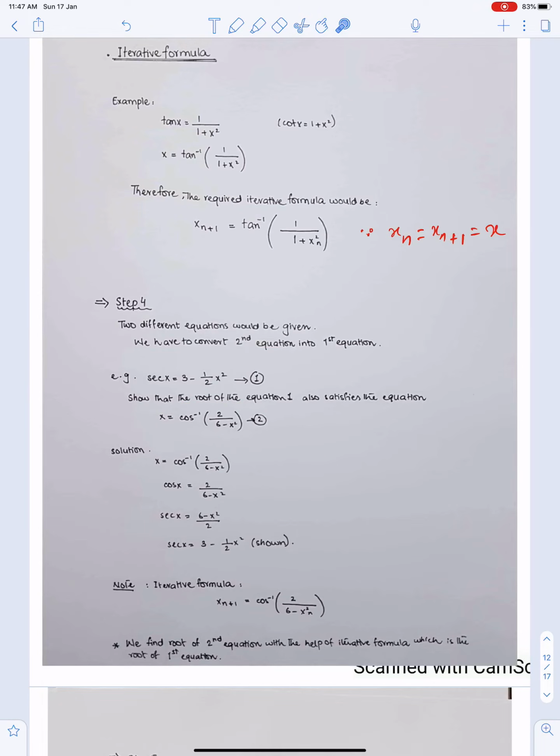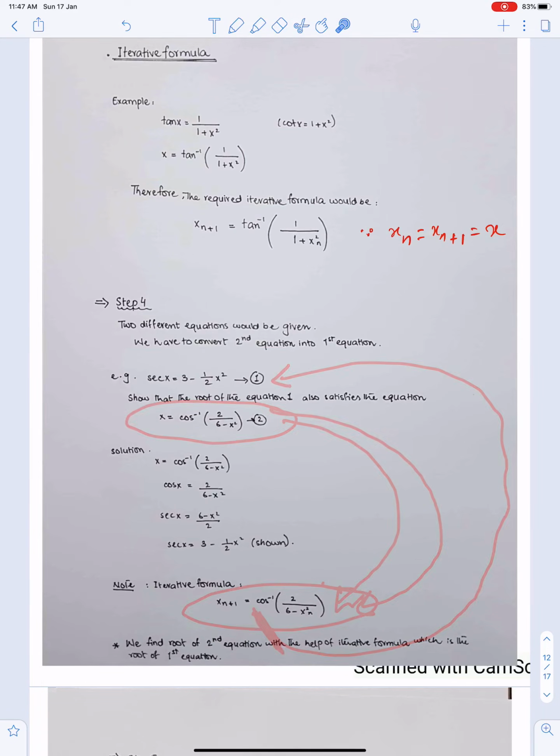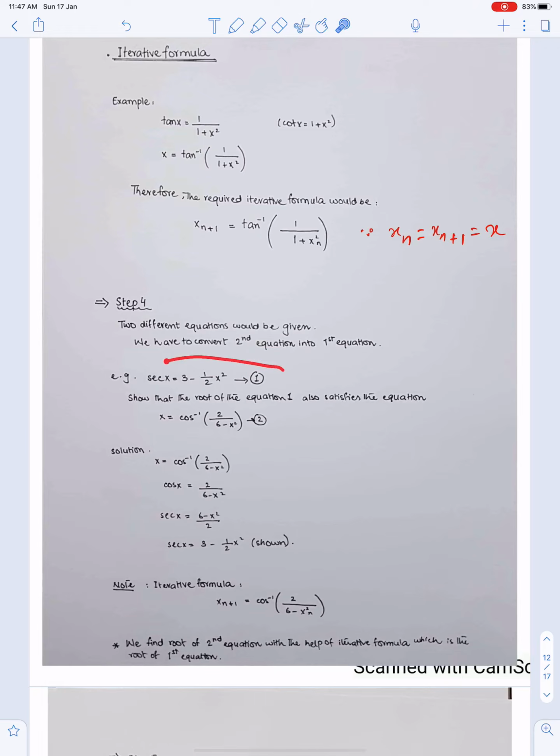See, we have used this equation here. This is the iterative formula. This equation will convert into the iterative formula. We will get the answer of this equation, and once we get the answer of this equation, this answer will represent the answer of this equation. And initially the question is to find the root of this equation. So indirectly we will solve this equation.